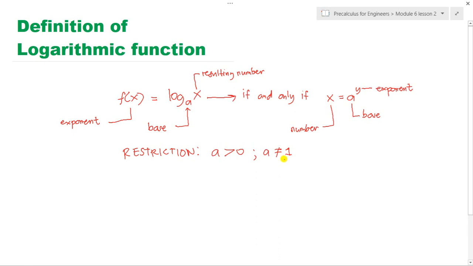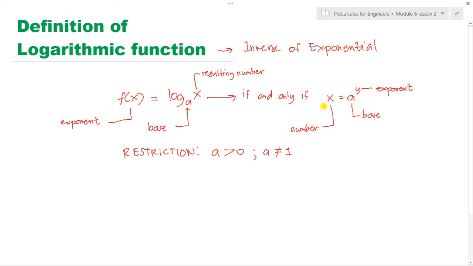In the logarithmic function class, it is the inverse of the exponential. We will see that it is the inverse of the exponential function. Again, take note of these parts: the parts of the logarithmic function and its equivalent exponential form.